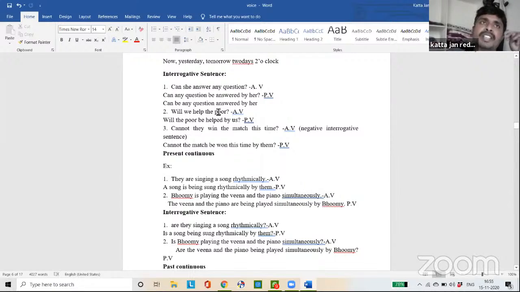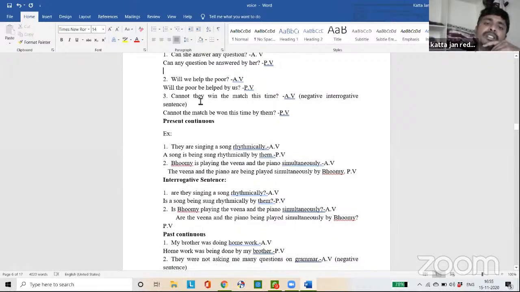When we discussed tenses, we discussed this. If it is the question form, the first helping verb goes before the subject and the second helping verb after the subject. So, can any question be answered by her. This is the right answer.